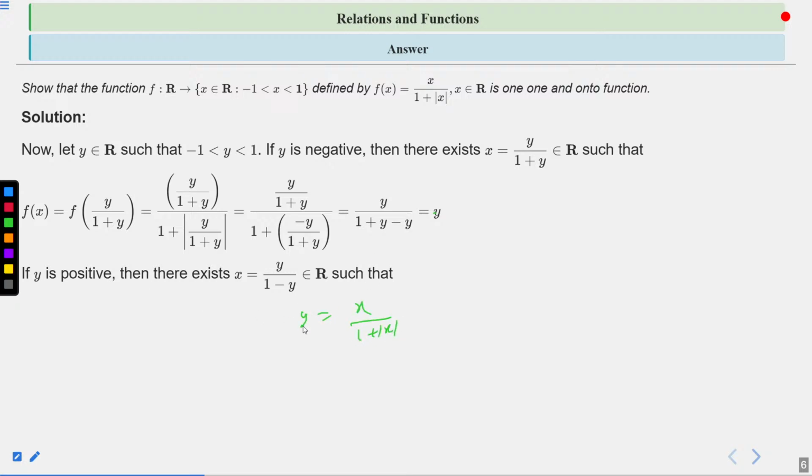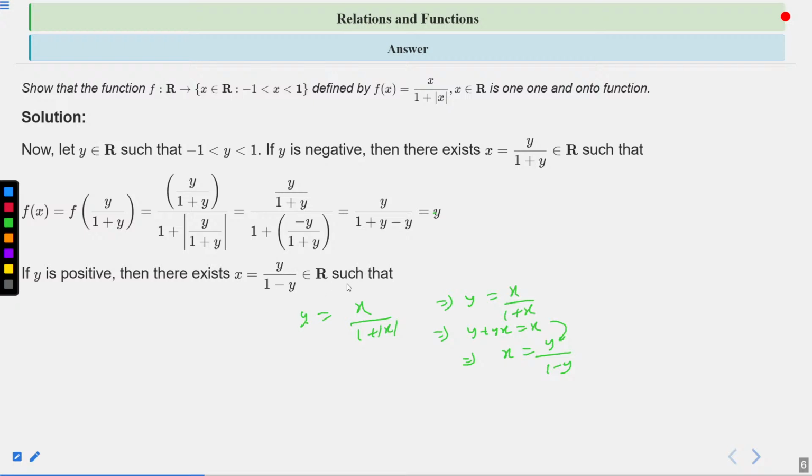See, when y is positive, then x must be positive. So it can be written as y is equal to x upon 1 plus x, since x is positive. So y plus yx is equal to x, right? So x can be written as y upon 1 minus y, right?